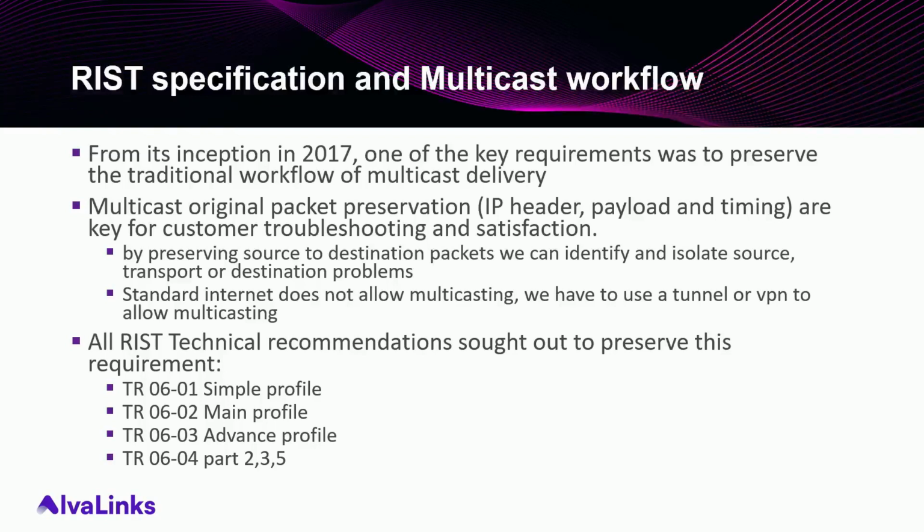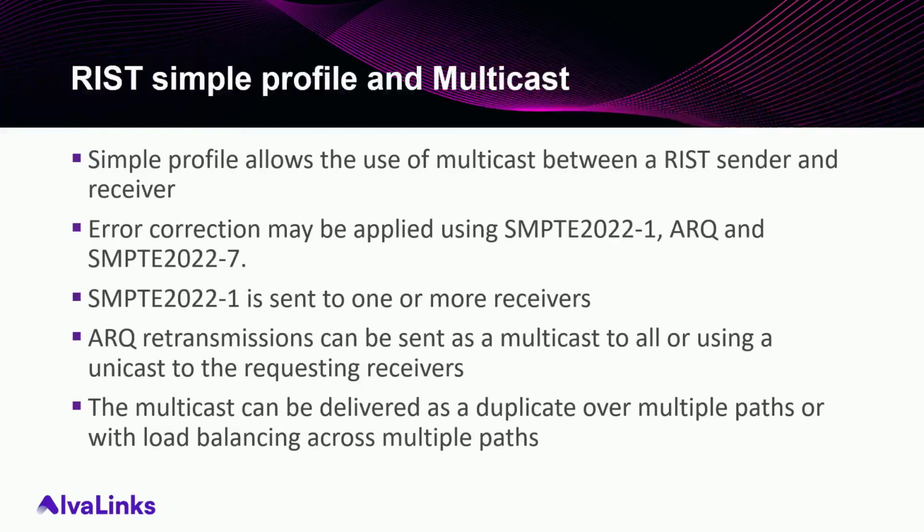All RIST technical recommendations set out to preserve this requirement. I'm talking about the simple profile, main profile, advanced profile, and even the new auxiliary profiles, parts 2, 3, and 5, which I'm not going to talk about. Let's start with the simple profile, which is used today by AWS MediaConnect, for example.